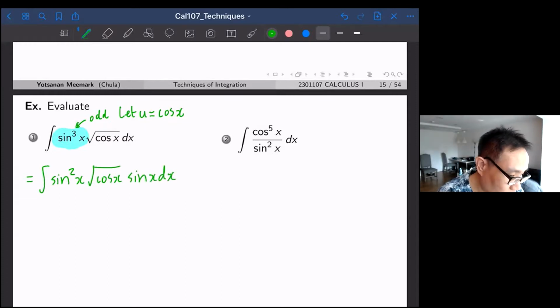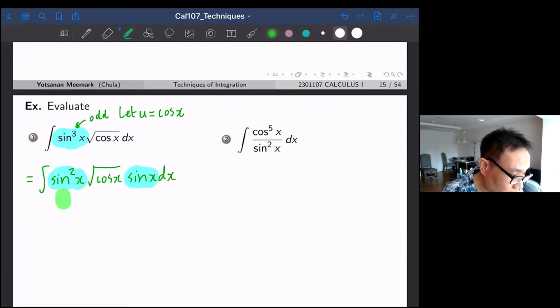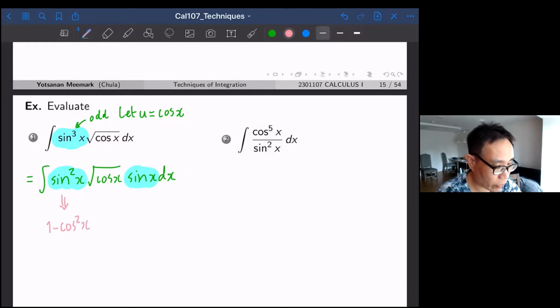Because when you have sine cubed, you can split it into sine squared multiplied by sine. Sine squared can be changed to 1 minus cos squared. So here you use the trig identity. It's going to be 1 minus cos squared, and square root of cos x stays the same, and your sine x dx.